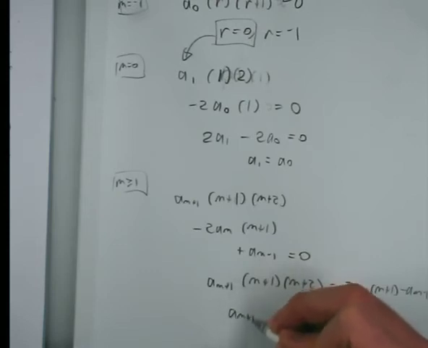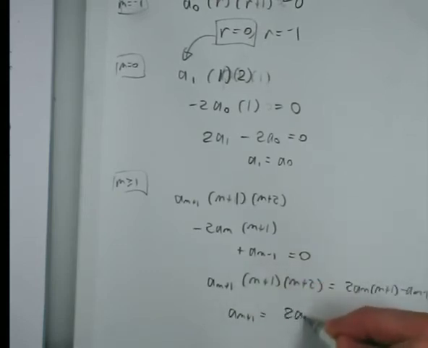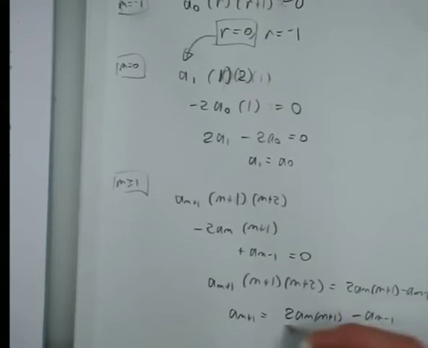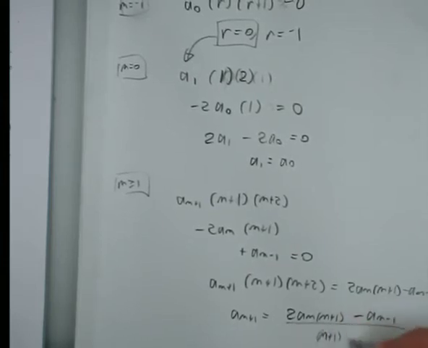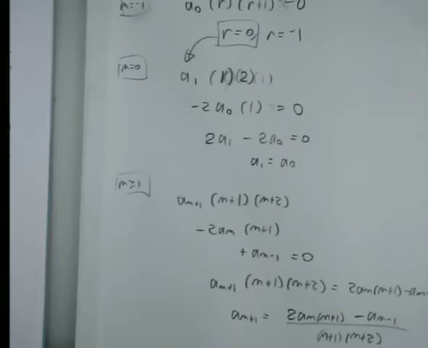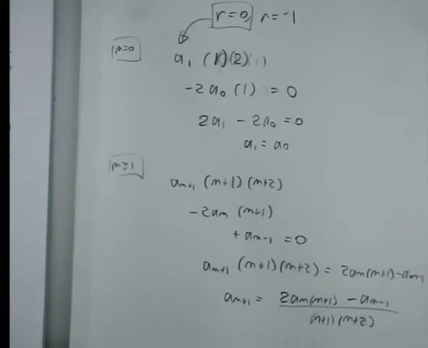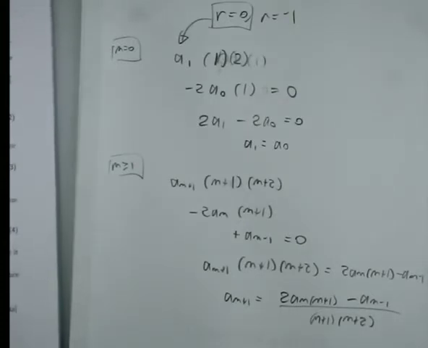So a m plus 1 is 2a m, m plus 1 minus a m minus 1 over m plus 1, m plus 2. Which is the same as the one I got before, hopefully. Totally is. Awesome. Okay.